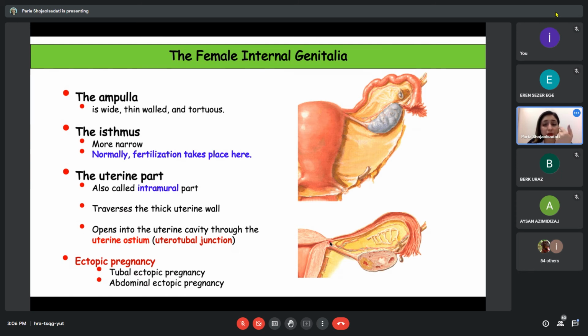These are named ectopic pregnancy. Sometimes you can see the ectopic pregnancy inside a tube. Sometimes after making a zygote, it transfers in the reverse direction and comes and starts implantation inside the abdominal cavity. Both of them are known as ectopic pregnancy.